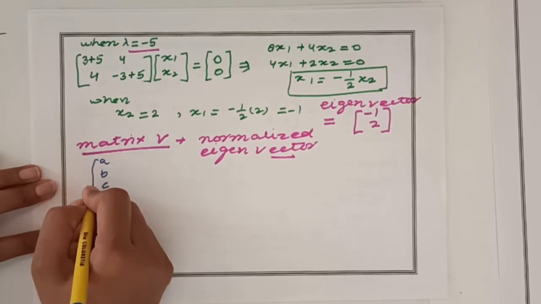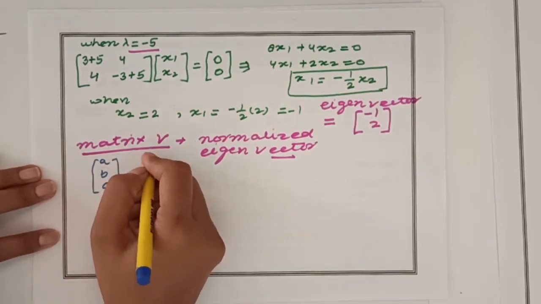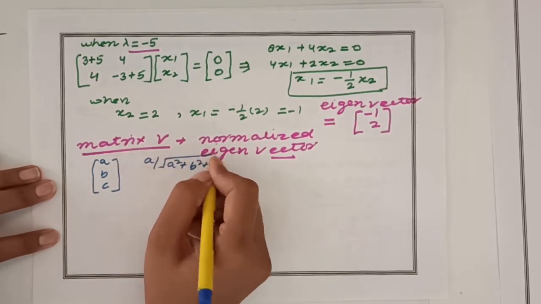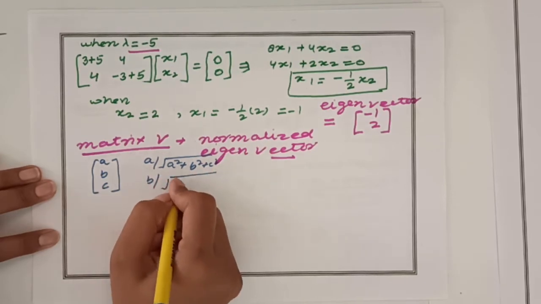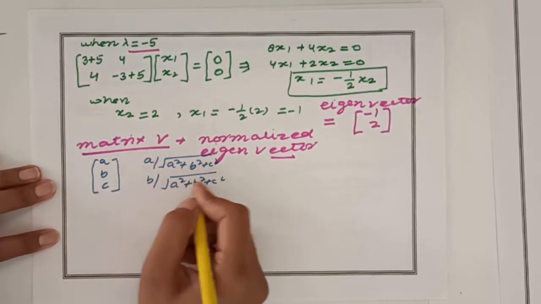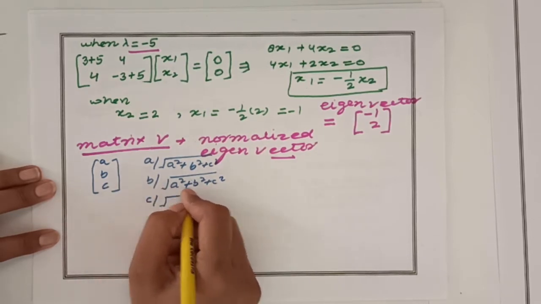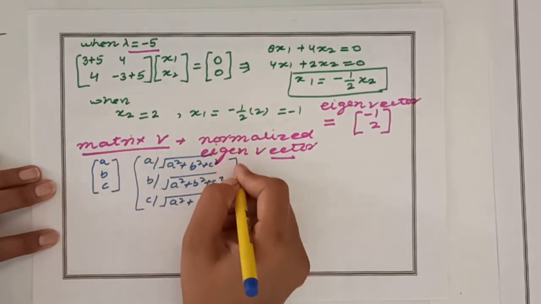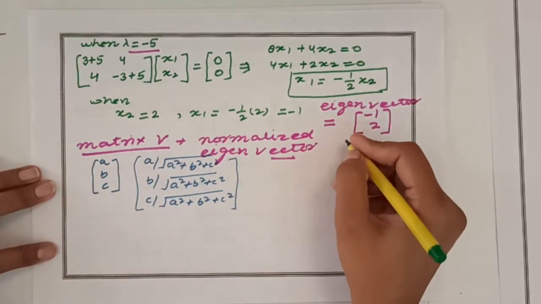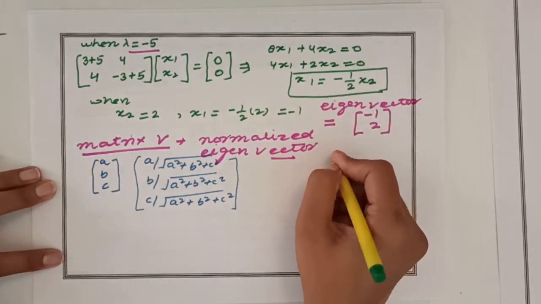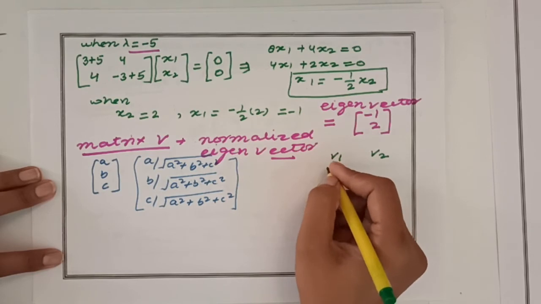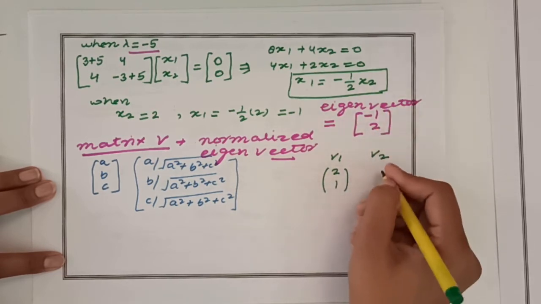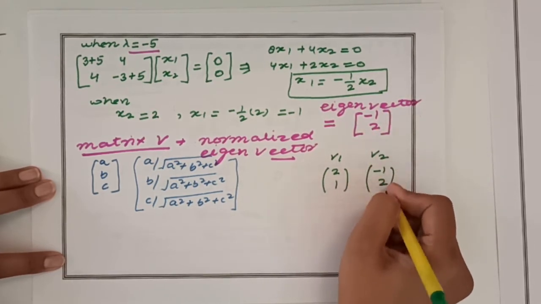If the terms are A, B, C, then A upon under root A square plus B square plus C square, B upon under root A square plus B square plus C square. Similarly, C upon under root A square plus B square plus C square. This is the way to write it down. So when you have calculated V1 and V2 both, V1 is the first eigenvector, which was 2, 1, and V2 is the second eigenvector, which is minus 1 and 2.